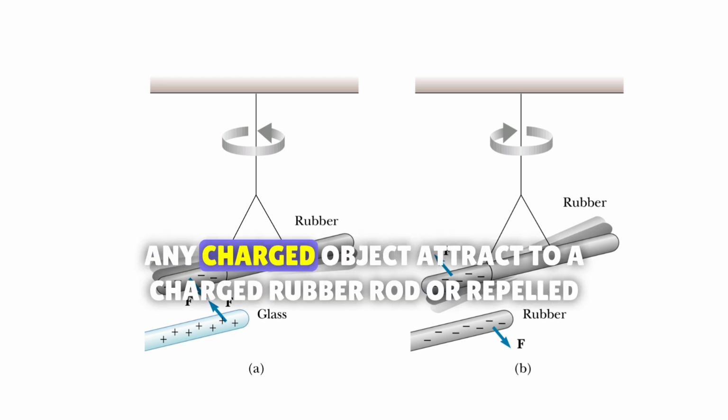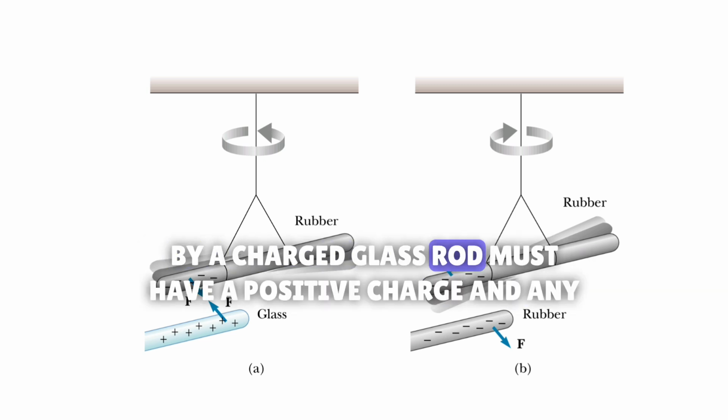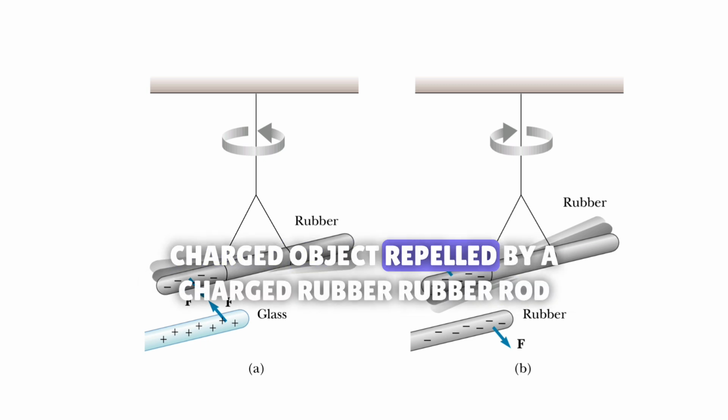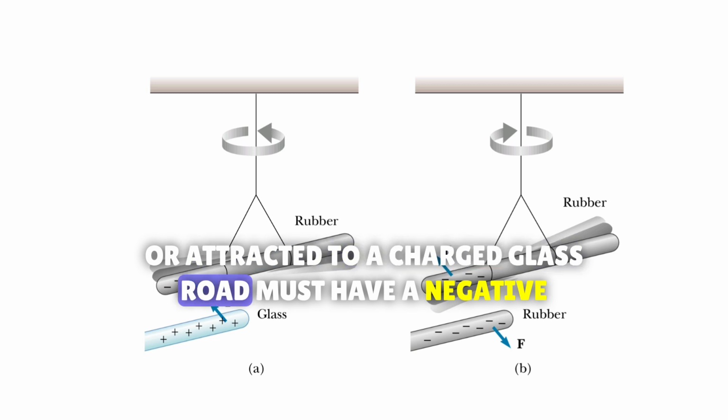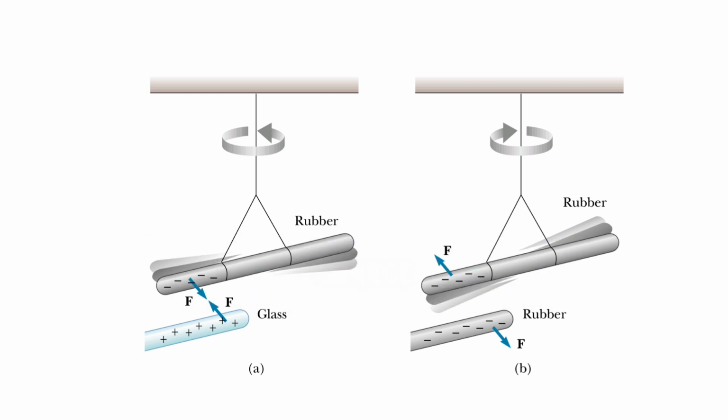Therefore, any charged object attracted to a charged rubber rod or repelled by a charged glass rod must have a positive charge, and any charged object repelled by a charged rubber rod or attracted to a charged glass rod must have a negative charge.